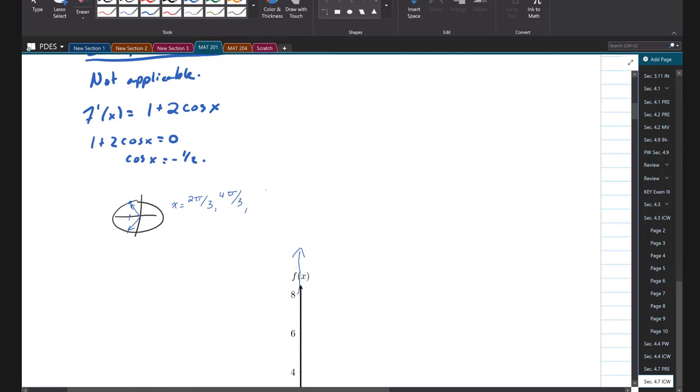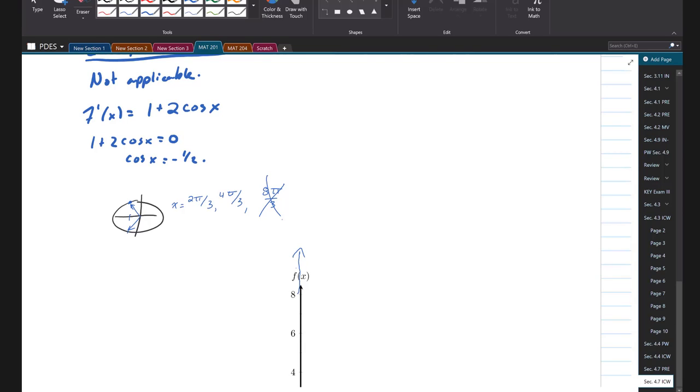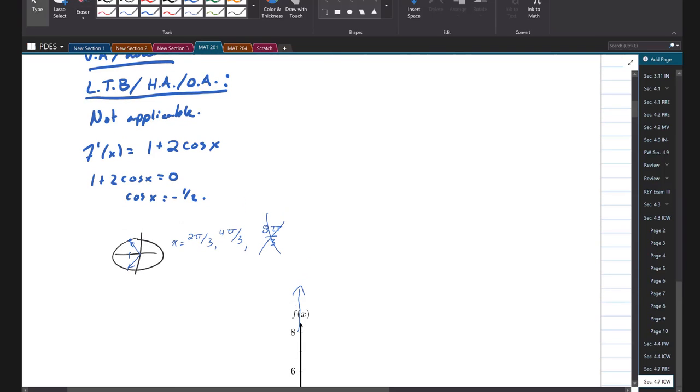Yeah. That would be at 8 pi over 3. But notice that we're now outside of the interval that I gave you. So those are our only two critical numbers from the first derivative.